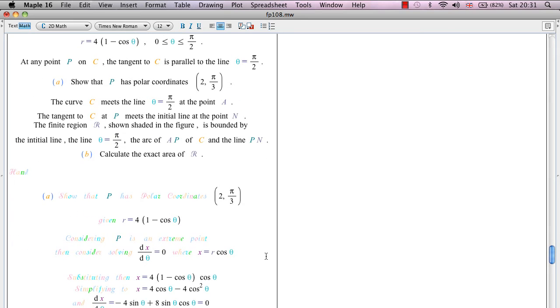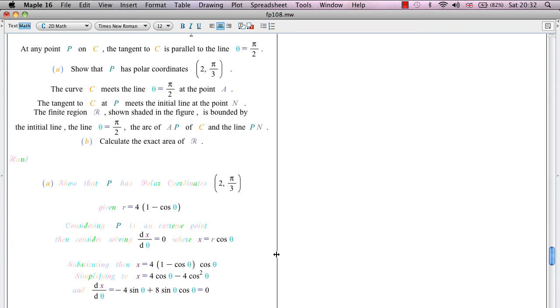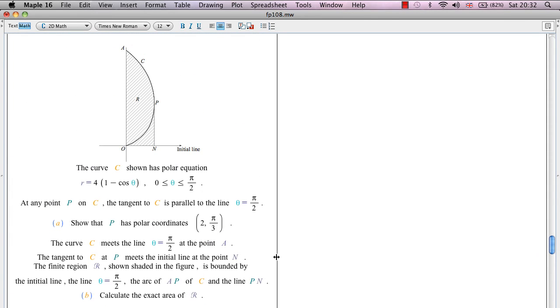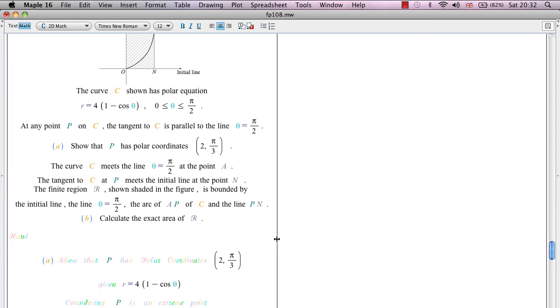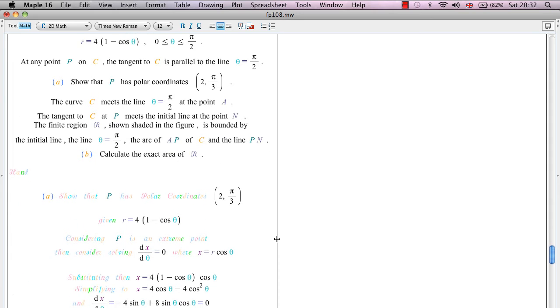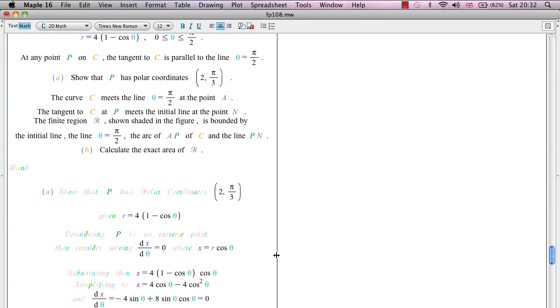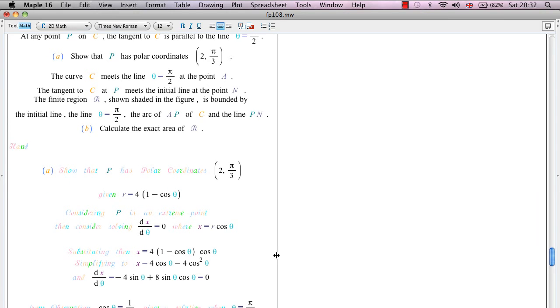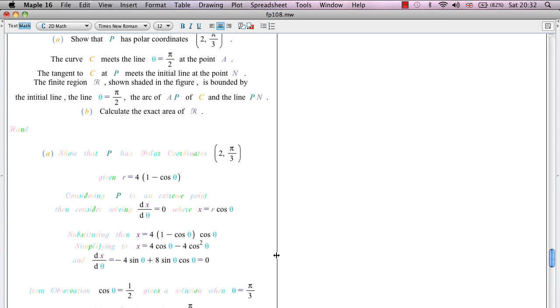So to show that P has these coordinates in A, considering P is an extreme point, then dx/d theta will be 0, where the x coordinate is r cos theta. So substituting the polar equation and differentiating, setting to 0.